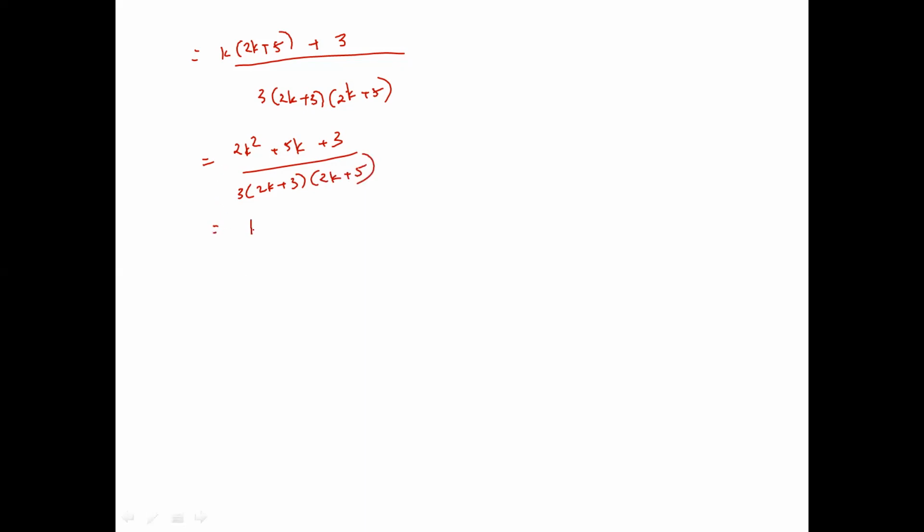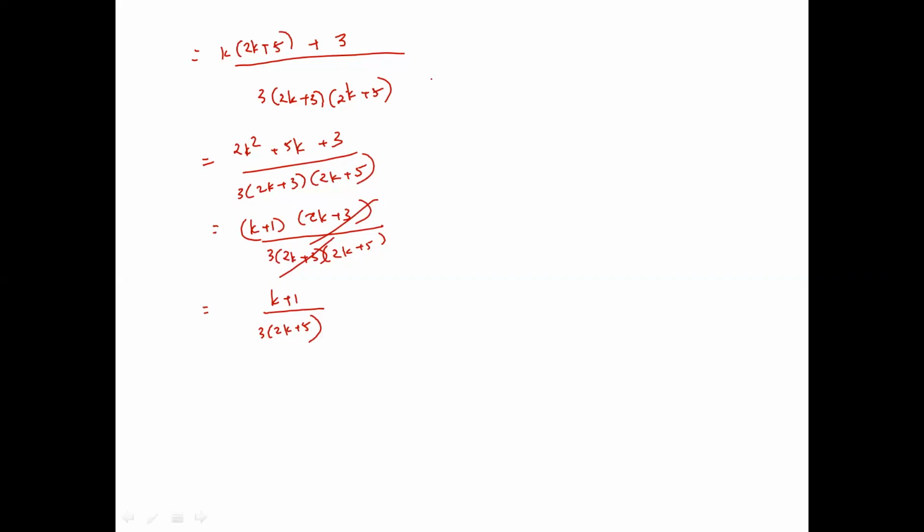The numerator I will factorize as k plus 1 into 2k plus 3, by 3 into 2k plus 3 into 2k plus 5. So 2k plus 3 will cancel. Left is k plus 1 by 3 into 2k plus 5.